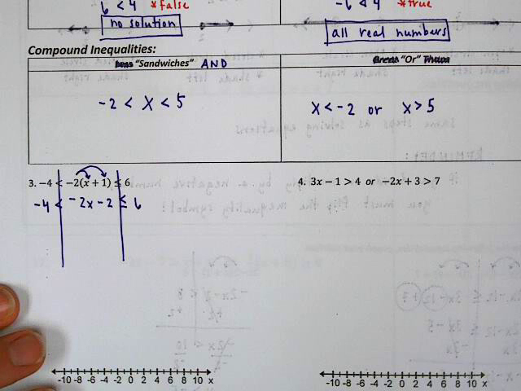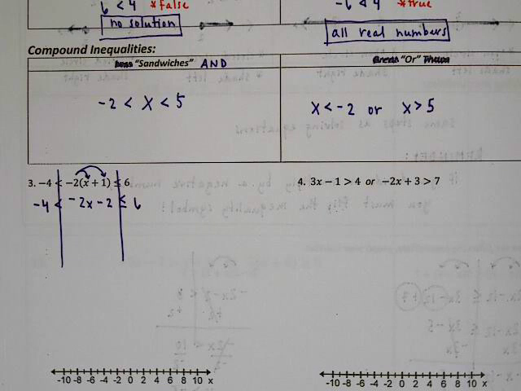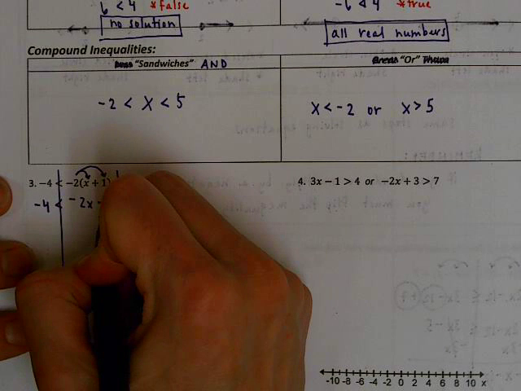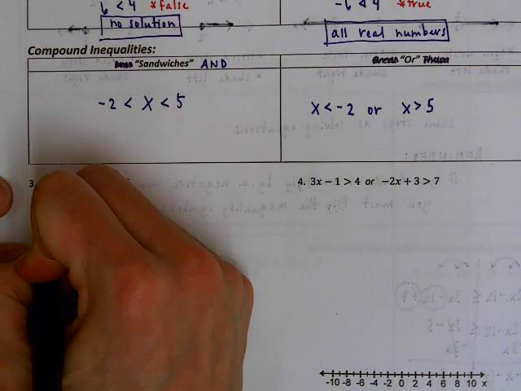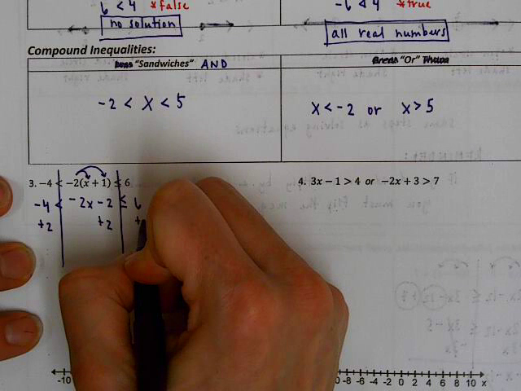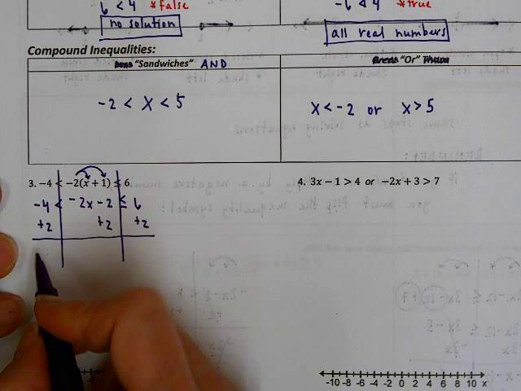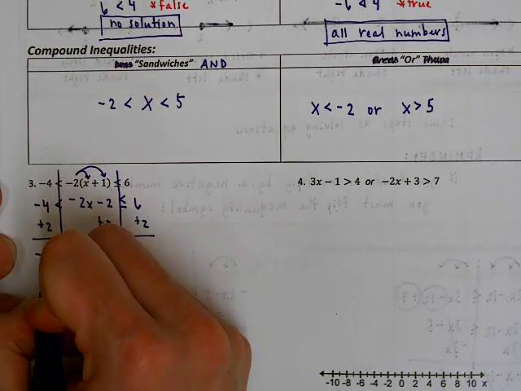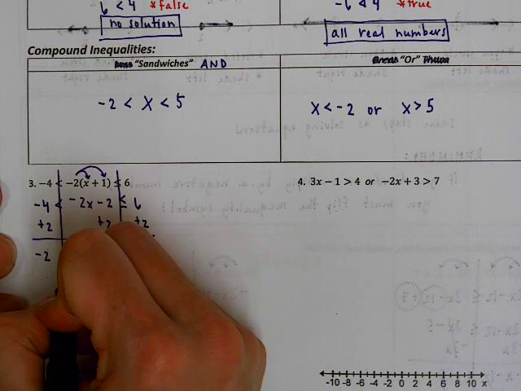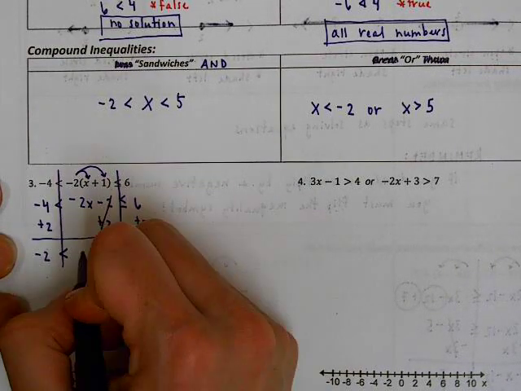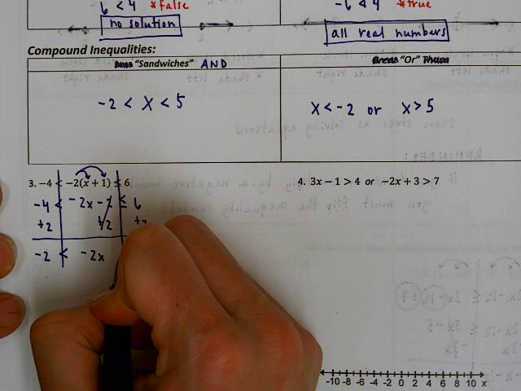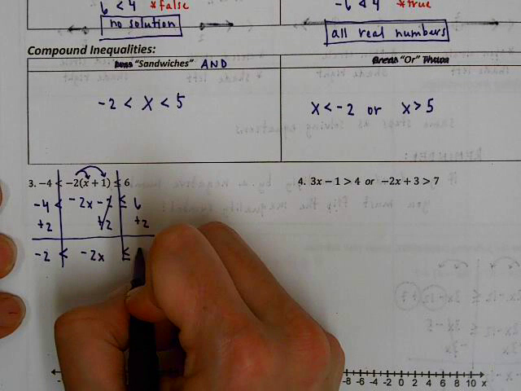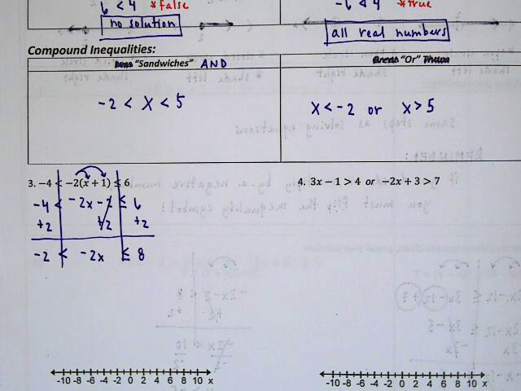Now I can start working on getting x all by itself. I'm going to add 2 to both the middle and the outsides. So -4 plus 2 gives me a -2. In the middle now, I have a -2x. And on the outside here, I have 6 plus 2, which is 8.